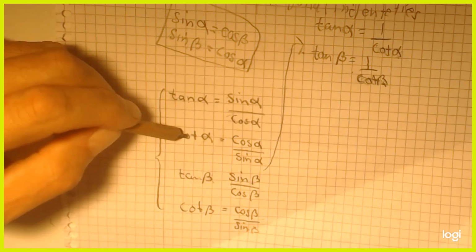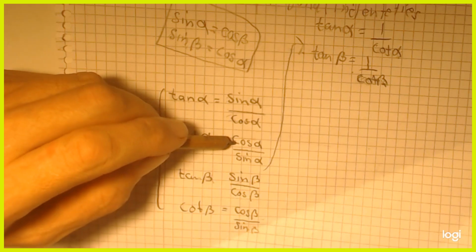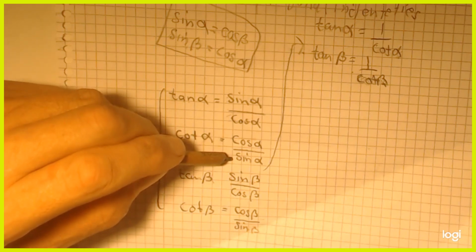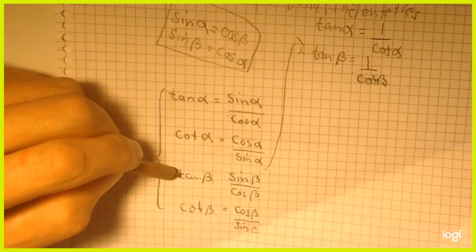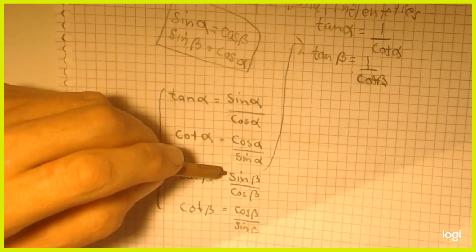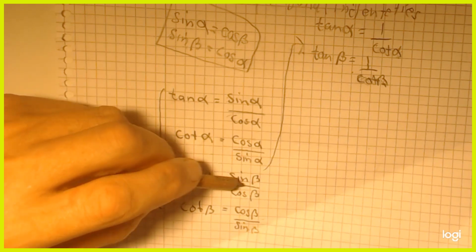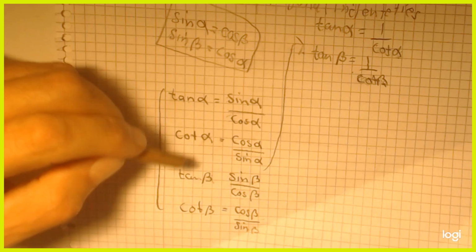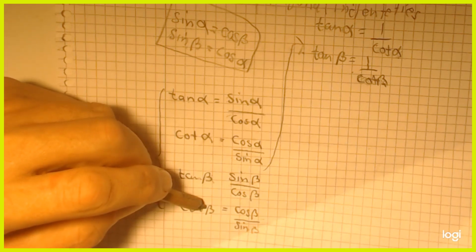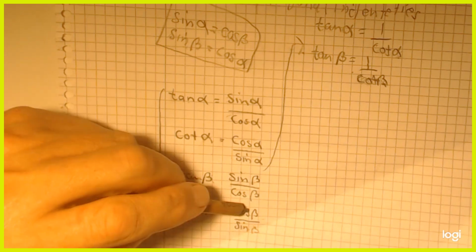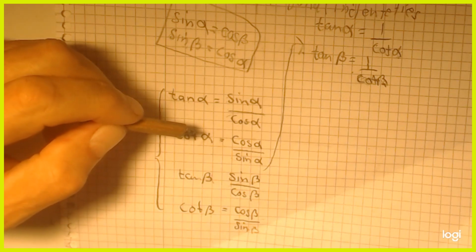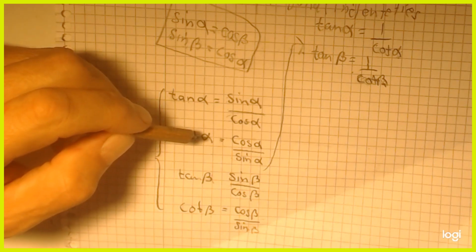We have cotangents alpha, that's cosinus alpha over sinus alpha. Tangents beta is sinus beta over cosinus beta. And cotangents beta, that's cosinus beta over sinus beta.